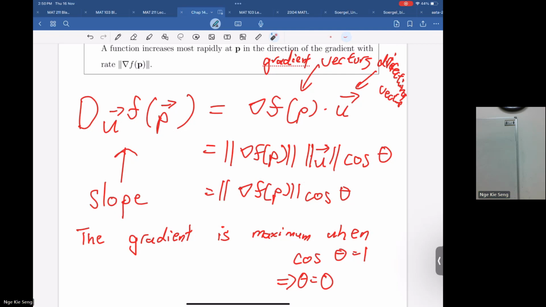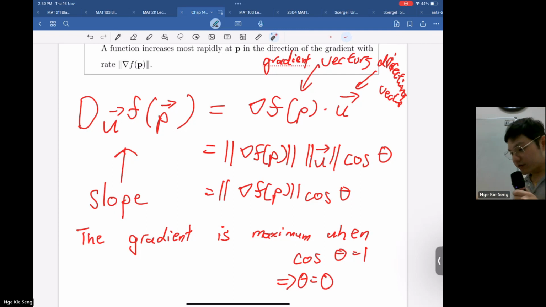I can put any u literally, but then this number will be multiplied by the length of u. I don't want the direction to change my information on my surface, because that's just a choice. That's why we set u to be unit length 1. Then we can recover the slope, which is exactly what we want because this slope tells us something about f.